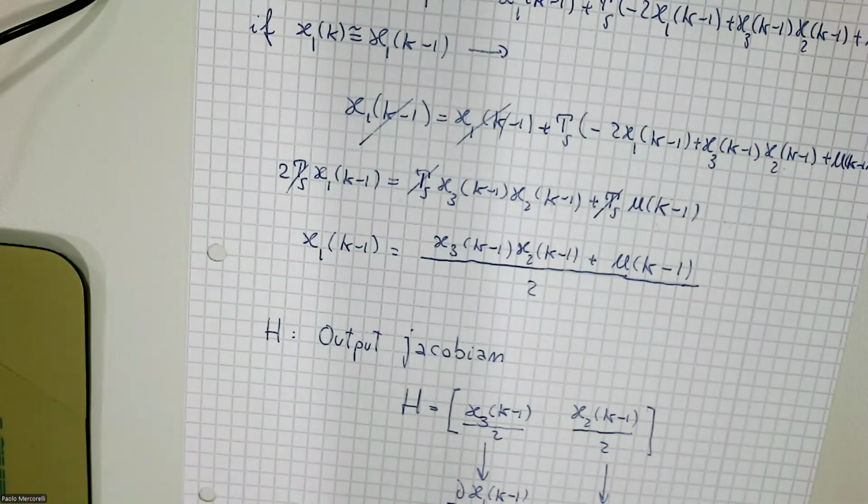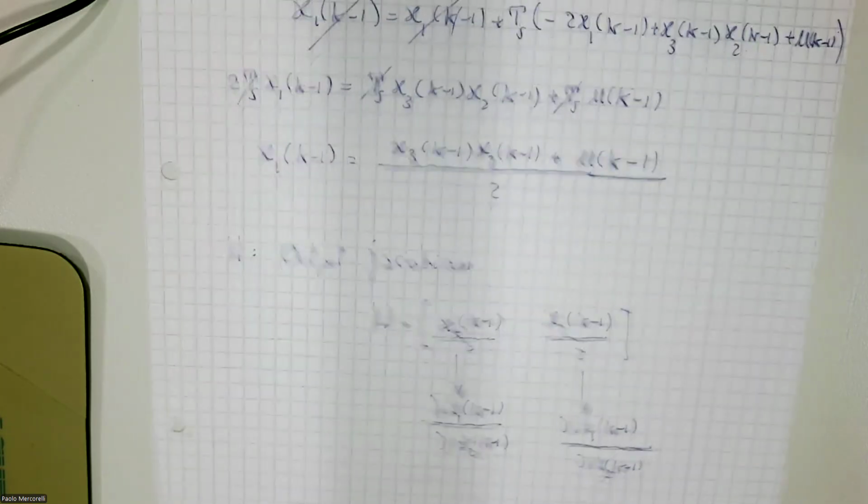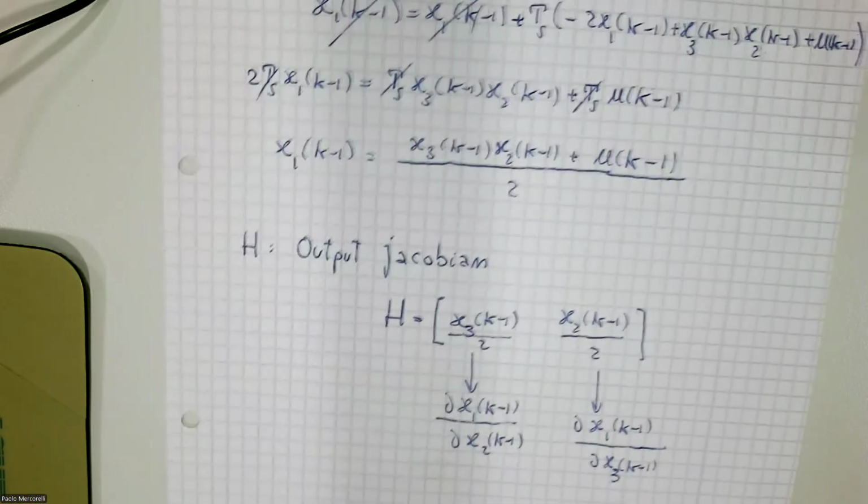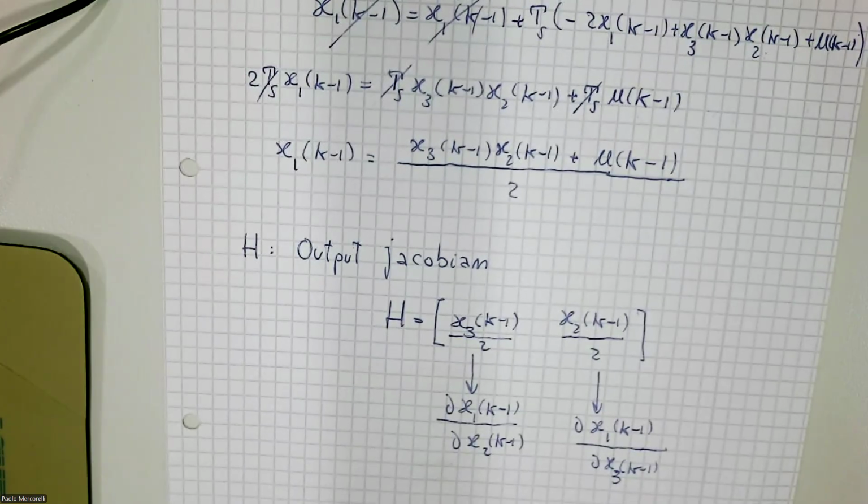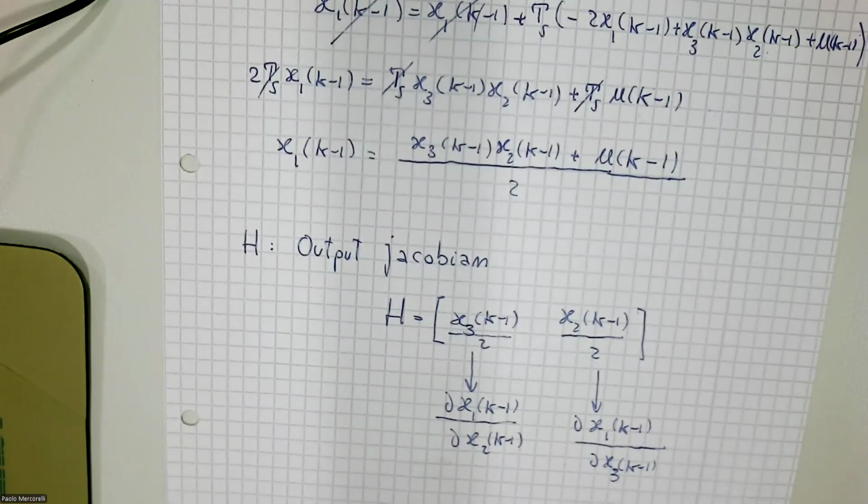The advantage here is that we don't depend on Ts. Of course it is an approximation, but nevertheless we have a more sensible system. More sensible means the Kalman gain changes, even though Ts is very small. It changes something more. This could be an advantage. But of course, we approximate the output equation in this sense.